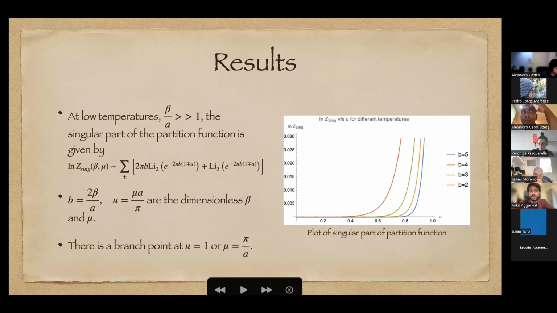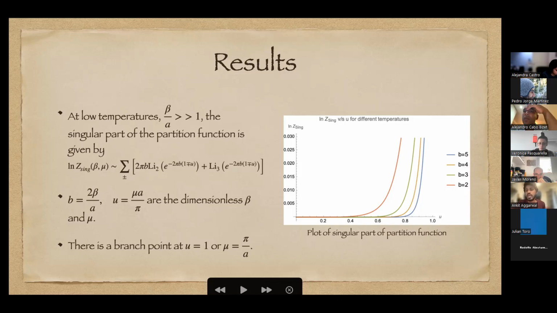Here B is the dimensionless inverse temperature, and U is the dimensionless chemical potential. There's a branch point at U equal to 1. That's the maximum value, so it should be plus or minus 1. Otherwise, the partition function becomes complex, and there's a branch point at this value.